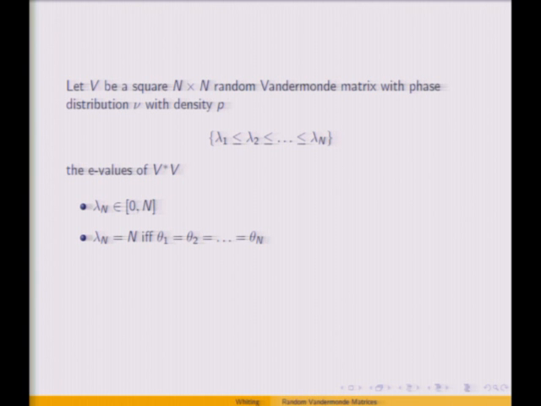So let's look at that. The maximum eigenvalue could be as large as n. That's the largest it can be, and that corresponds to the Fourier case. But what we want to know is the behavior of this maximum eigenvalue as a function of n.